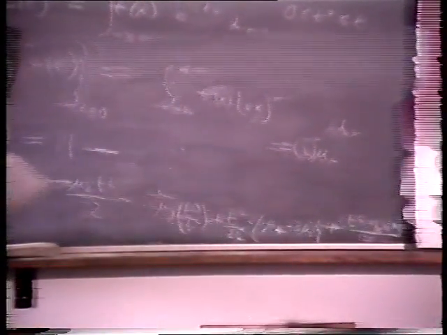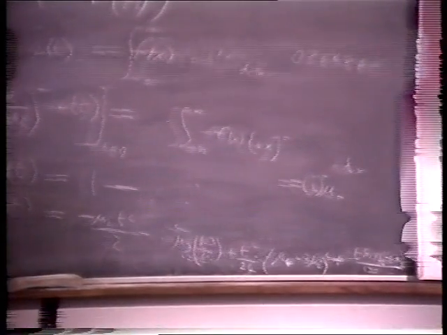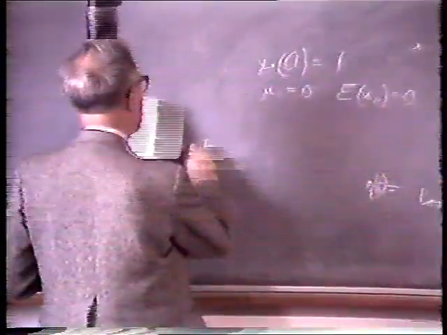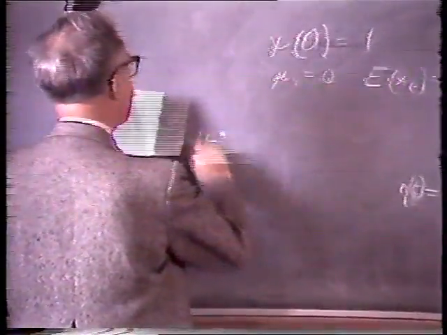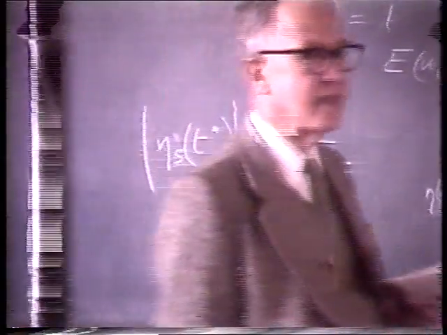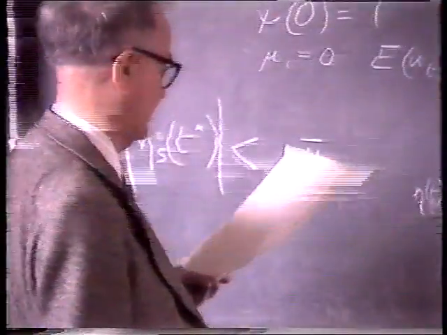So let me simply point out that it's a simple consequence of the formula for the absolute moment that eta 5 t star is less than, I'll call it mu bar 5, where the bar indicates the fifth absolute moment.